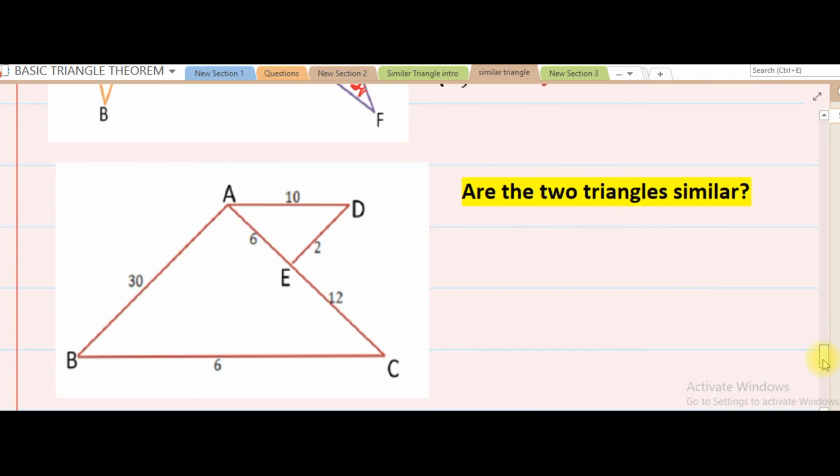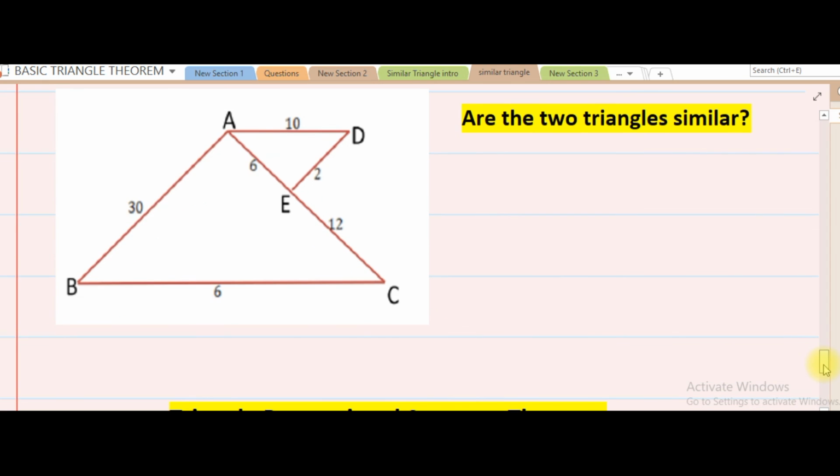The next one, we are given: are the two triangles similar? We have two triangles here, ABC and AED. We check the ratio of the corresponding sides. I'm seeing 30 here, and 10, so 30 over 10.